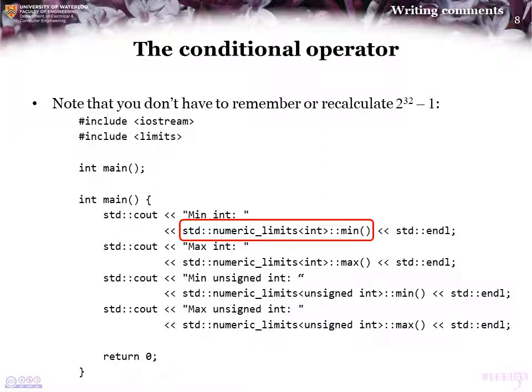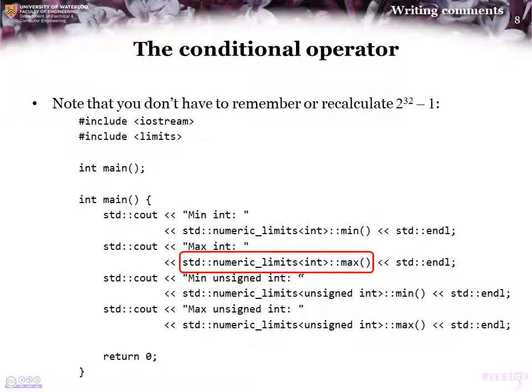So for example, while the notation may be a little bit awkward here, we haven't covered templates. If you put the type inside the angled brackets and ask for the minimum, this will evaluate to the numeric integer value that is the minimum that an int can store.